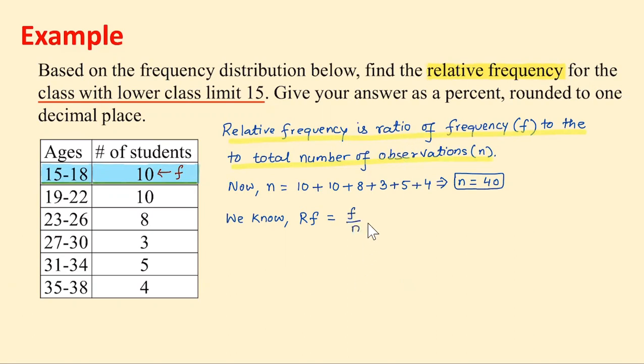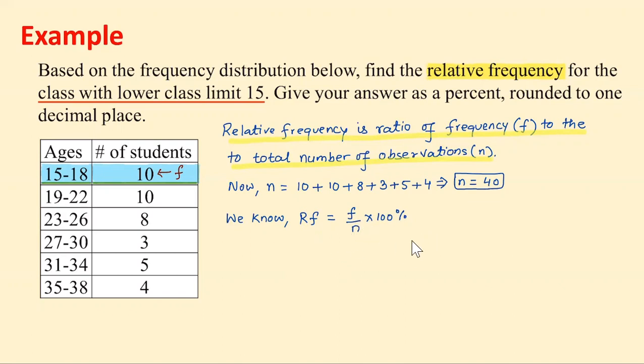But in our question, we are asked to give the answer as a percent. If we want to change this fraction to percent, we have to multiply by 100 so that the result is in the form of percentage. So in this case, our formula is relative frequency equals frequency divided by n, multiplied by 100%.